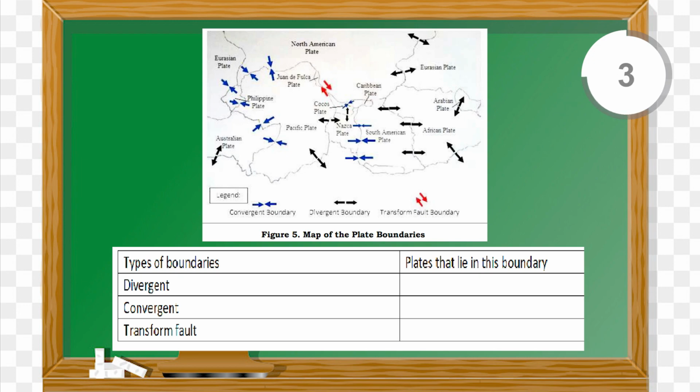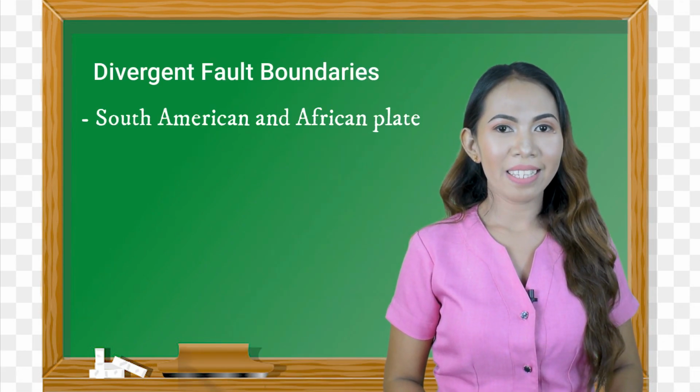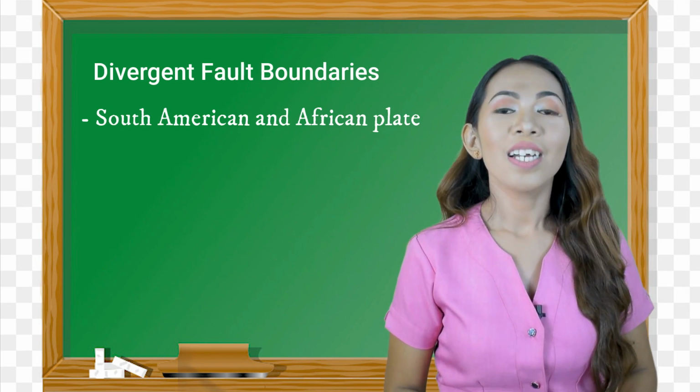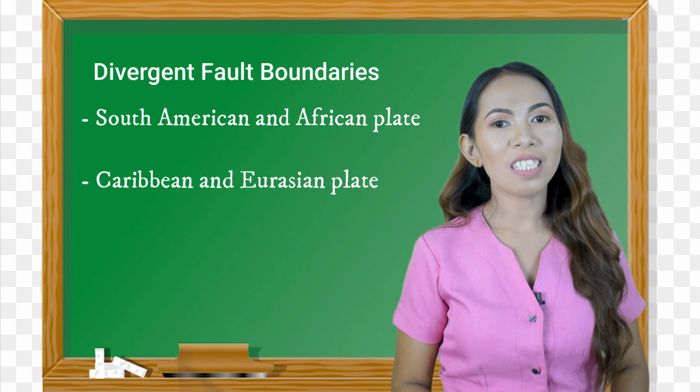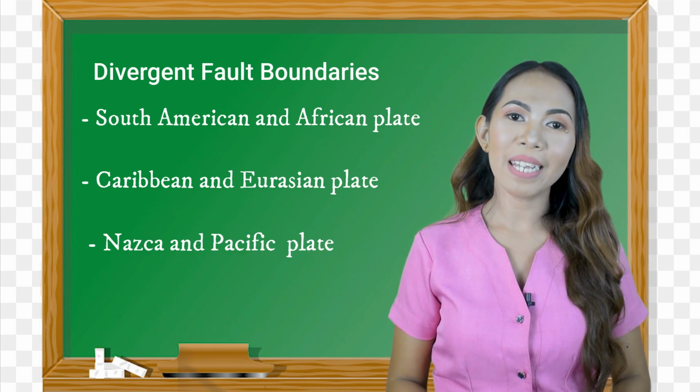Are you done? Let us check your answers. The plates that lie on divergent boundary are South American plate and African plate, Caribbean and Eurasian plate, and Nazca and Pacific plate.